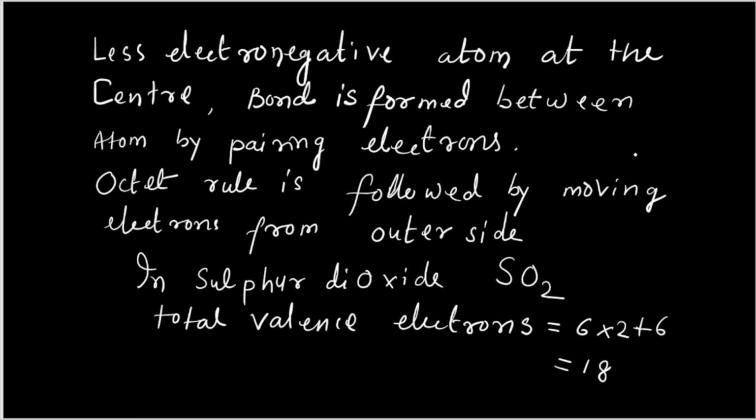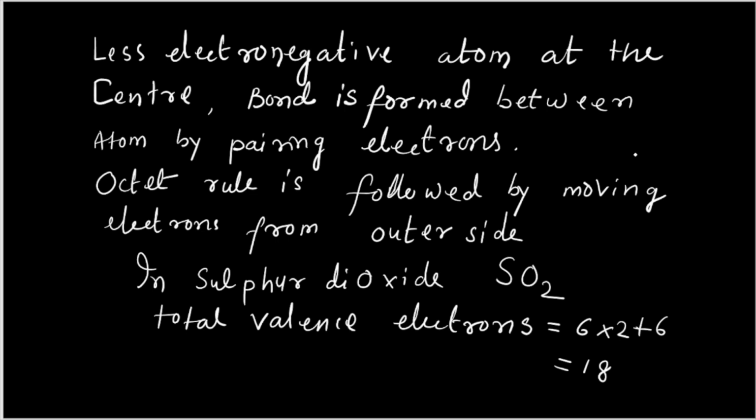Then we will see which is the less electronegative. The less electronegative is sulfur, so sulfur should be at the center, and bonds should be formed between sulfur and oxygen on the right side, and sulfur and oxygen on the left side, by pairing electrons, that is a covalent bond.